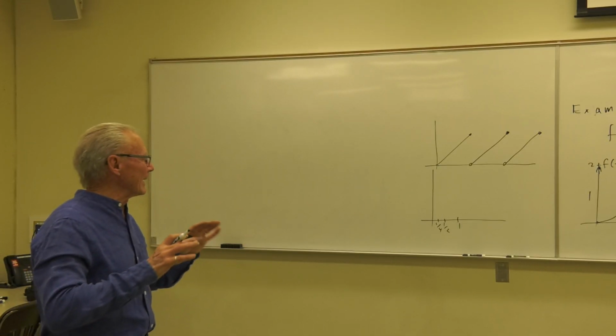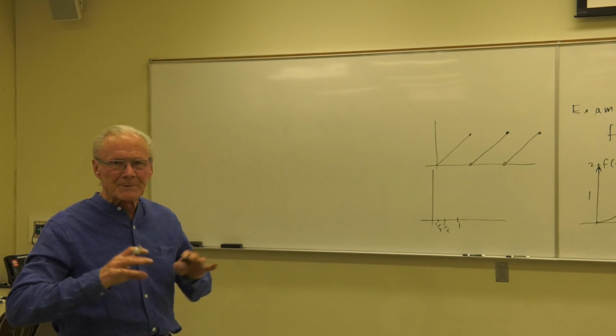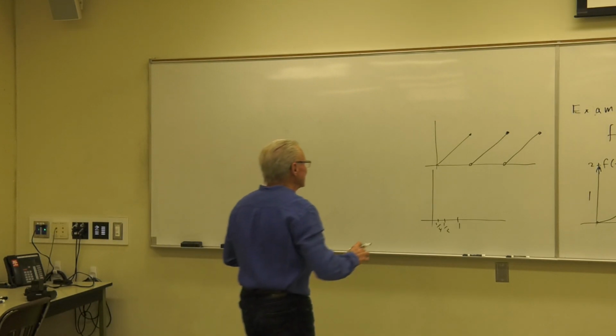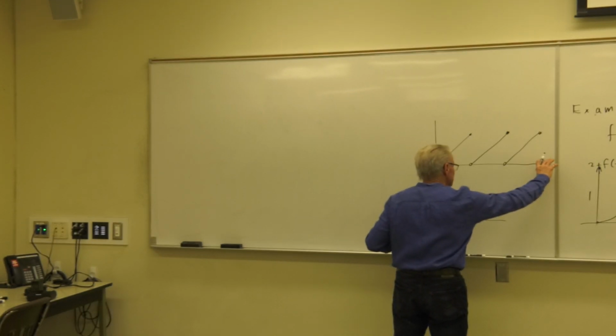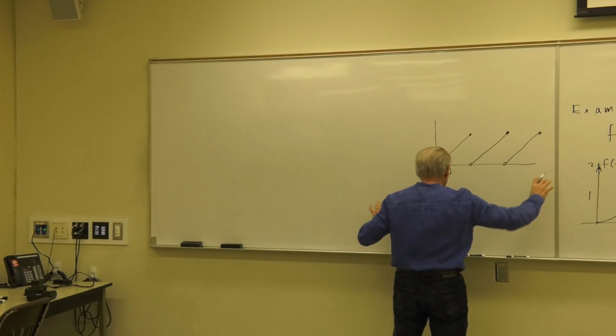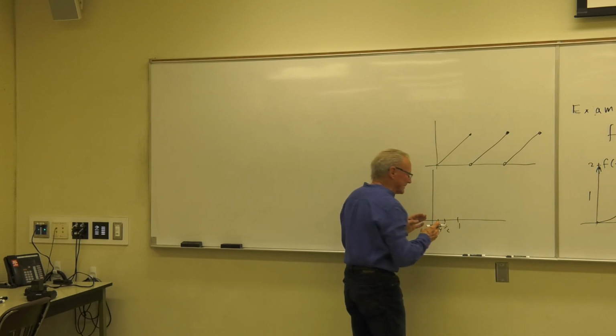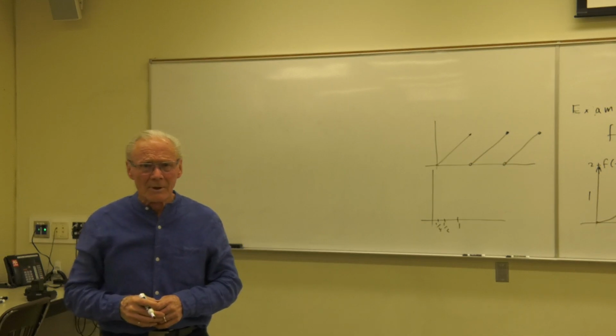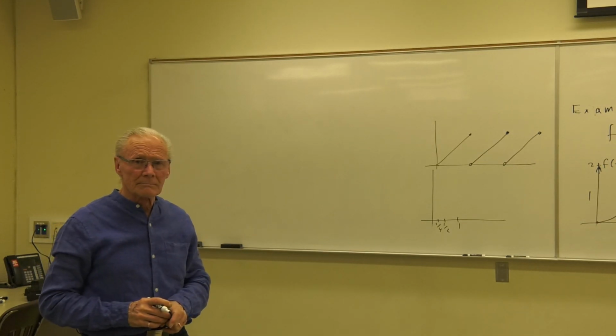I'm willing to allow discontinuities like this that are spread out, but I don't want them all crammed together in a finite interval, an infinite number of them. That I want to outlaw.